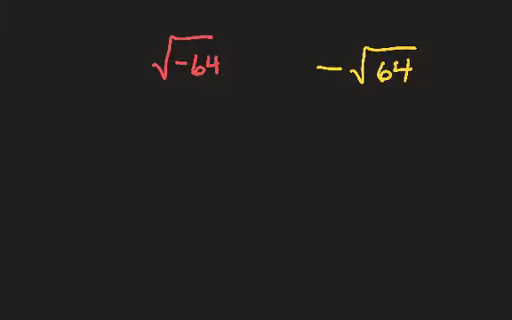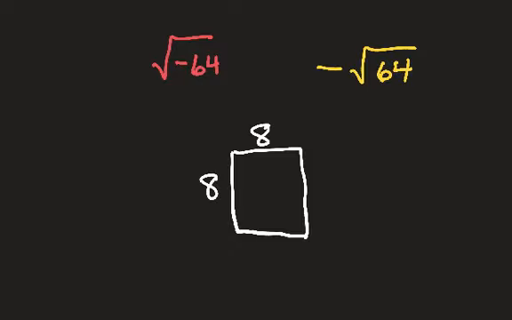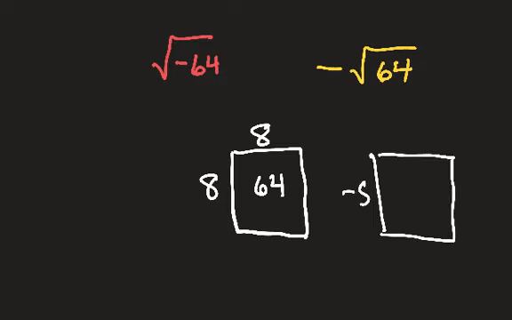But for now, we're going to talk about the difference between negative square root of 64 and the square root of negative 64. So remember, we have this square, and we're saying what 2 identical factors multiply to make me. So if the answer was 8 times 8, that would be 64. If the solution was negative 8 times negative 8, well, that also equals a positive 64.